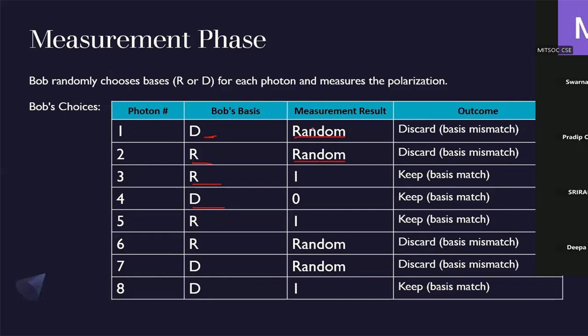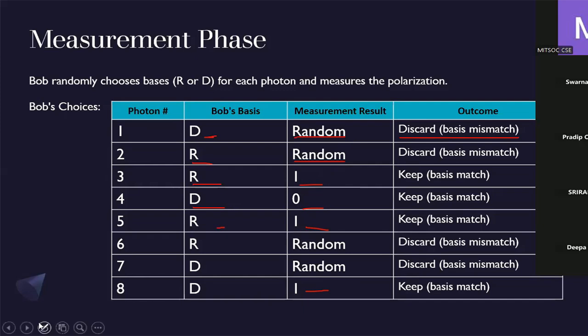Might be here Bob has received 1, 0 something. So that's why we are going to discard the basis mismatch. Now this process will continue and it will find the correct ones which we need to keep for the basis match. So this will be done in the next step.